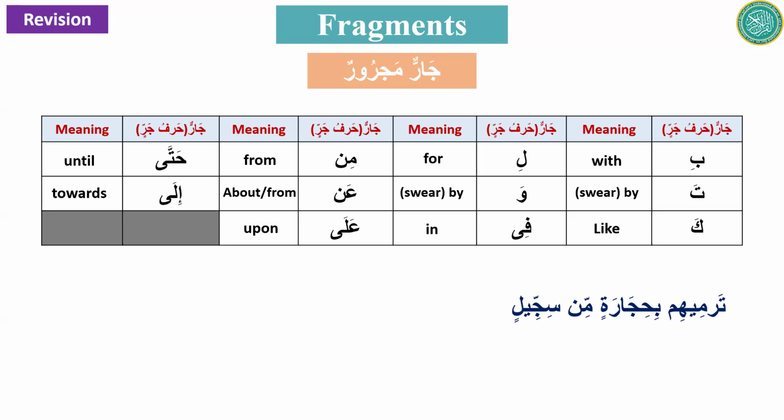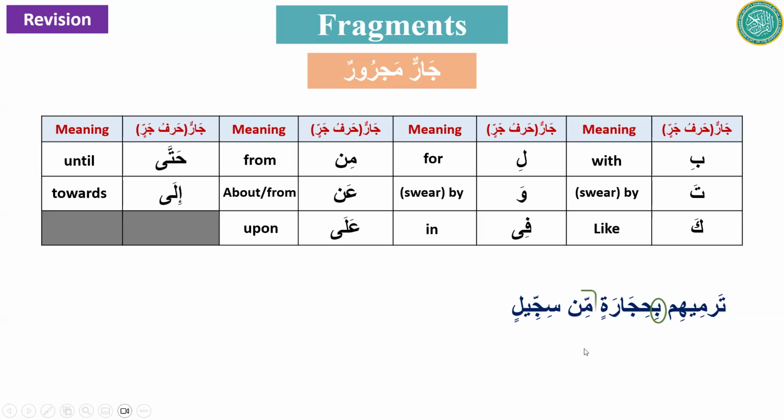Anything else? There's one more. Bi, Hijara is a separate word. Right? So Bi is a jar. And what was the other one you said?